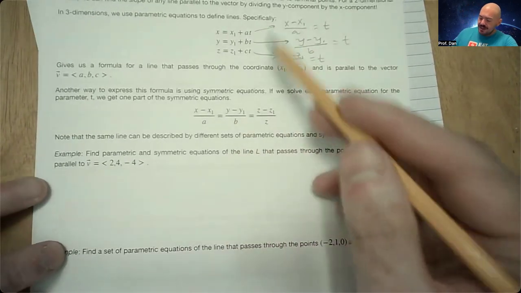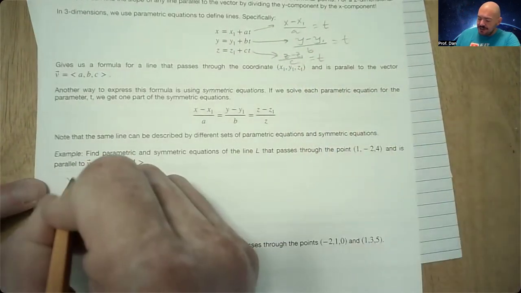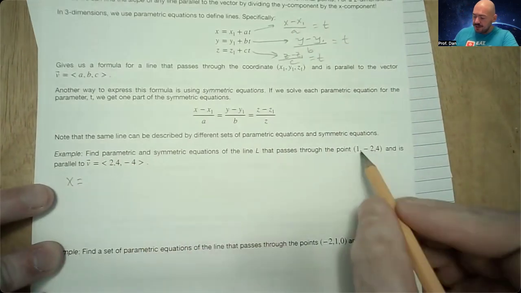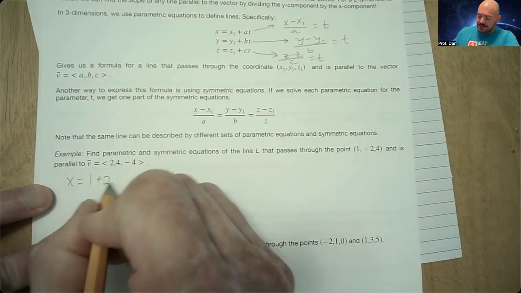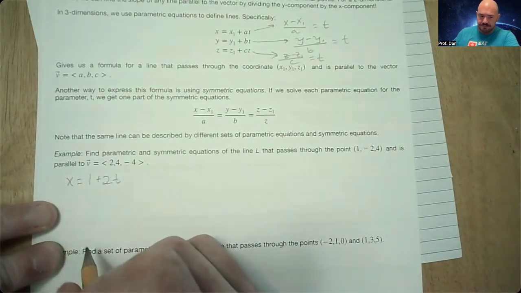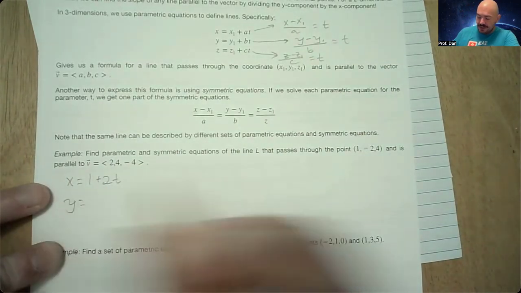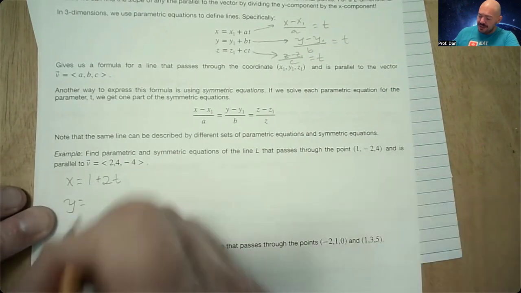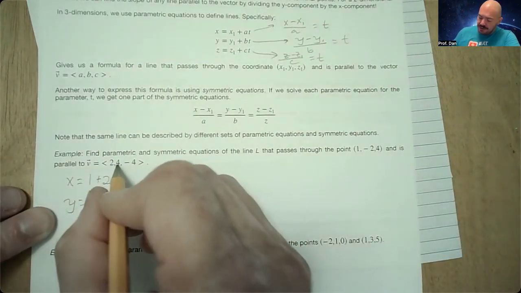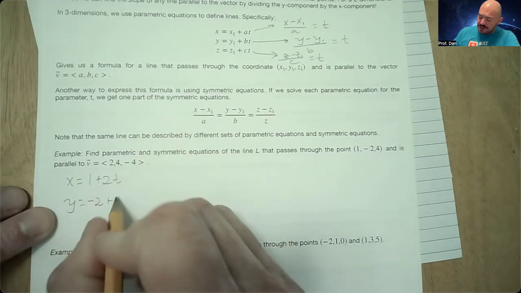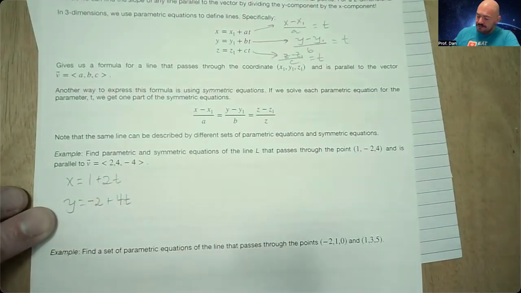Using what we just talked about, I can write parametric equations for x by taking the coordinate from the point, 1, plus the component from the vector, 2t. For y, same thing: I get the y coordinate from the point, -2, and the slope from the y component of the vector, so plus 4t.